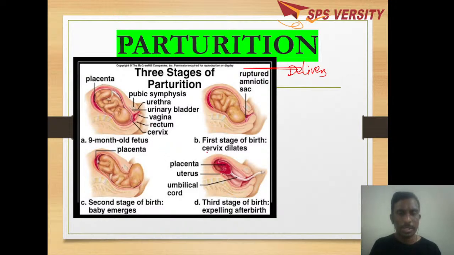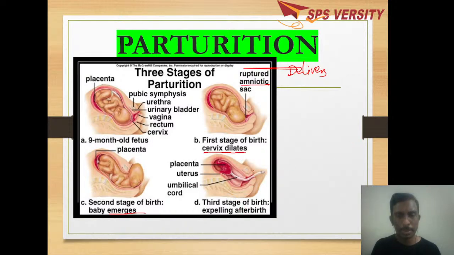In the first stage of birth, the cervix dilates, that is, the cervical canal will dilate, and the amniotic fluid sac which surrounds the fetus will rupture. In the second stage, the head of the fetus will emerge. In the third stage, the entire baby is expelled along with the umbilical cord.